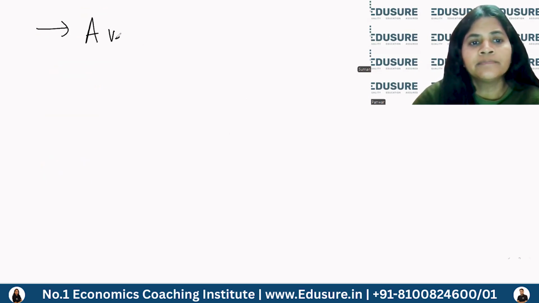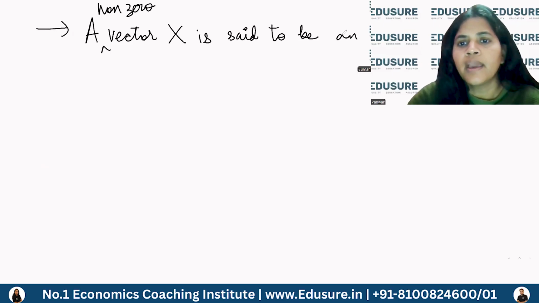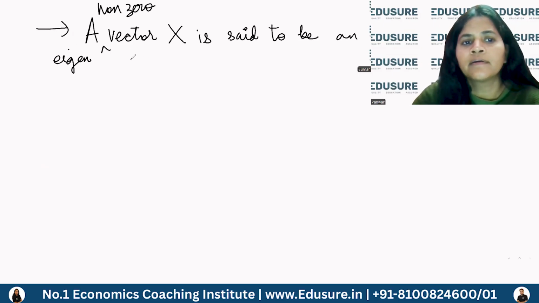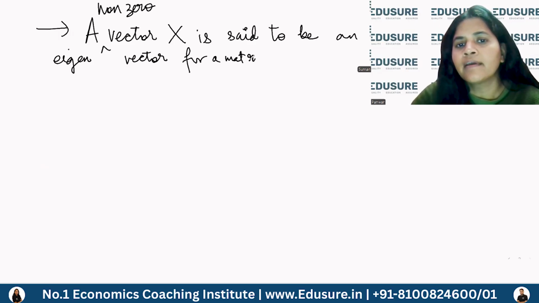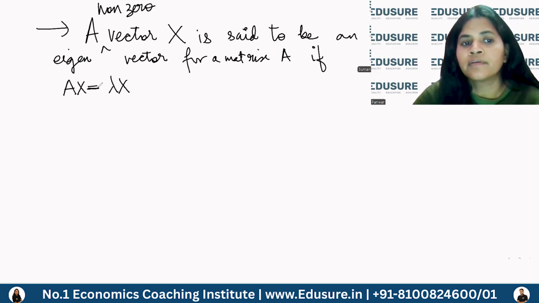A non-zero vector x is said to be an eigenvector for a matrix A if Ax is equal to lambda x, where lambda is a constant.